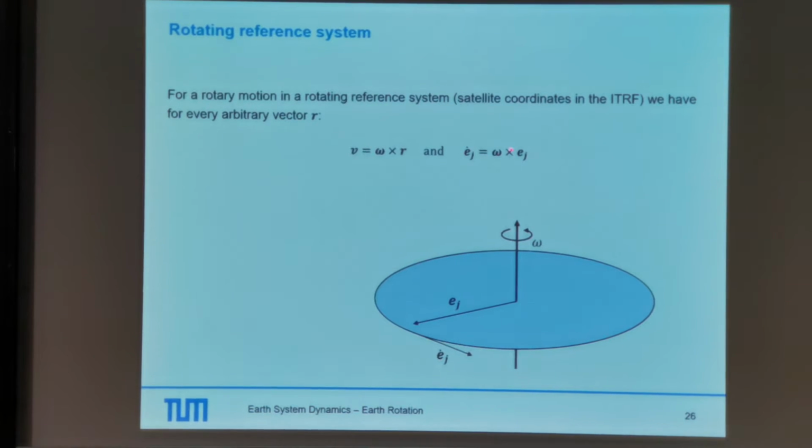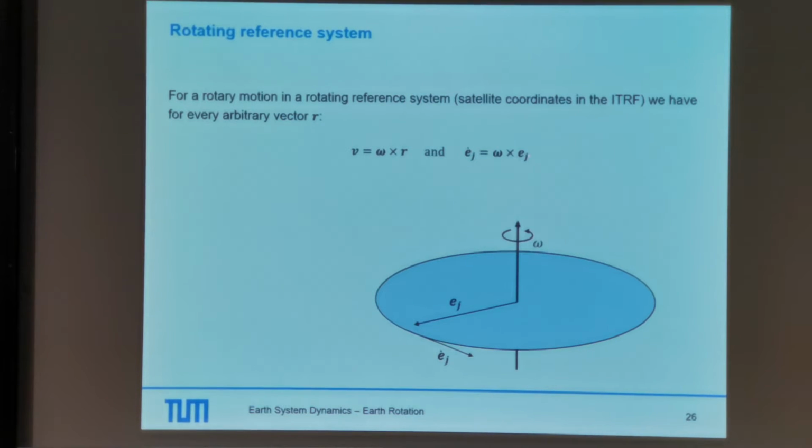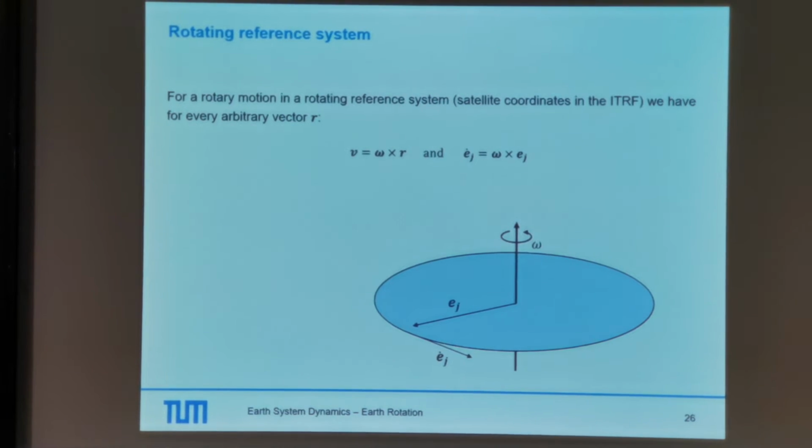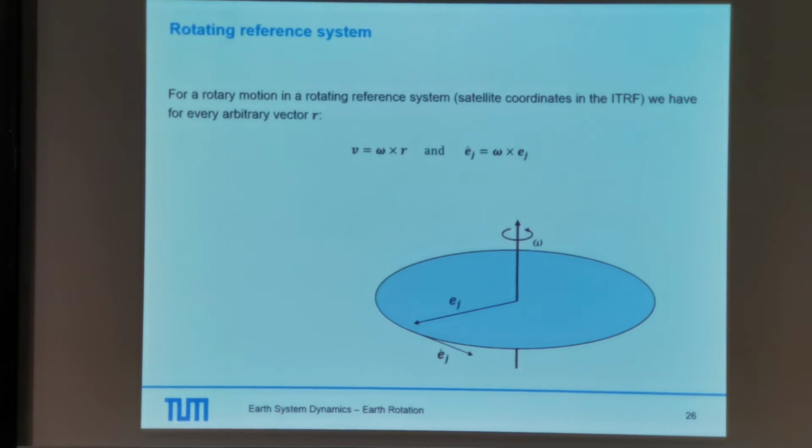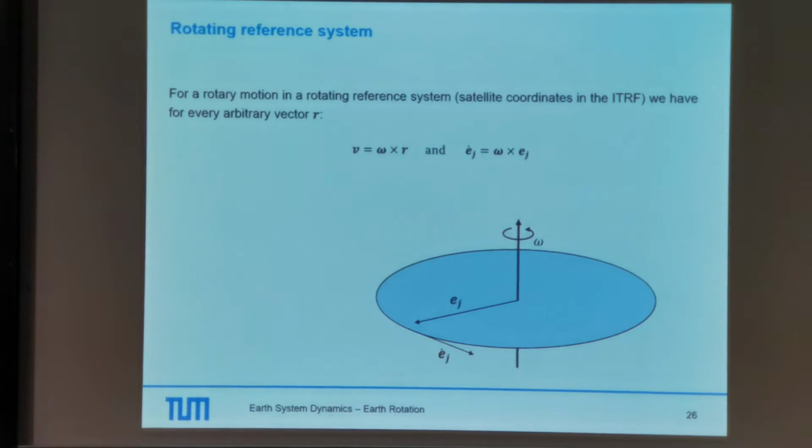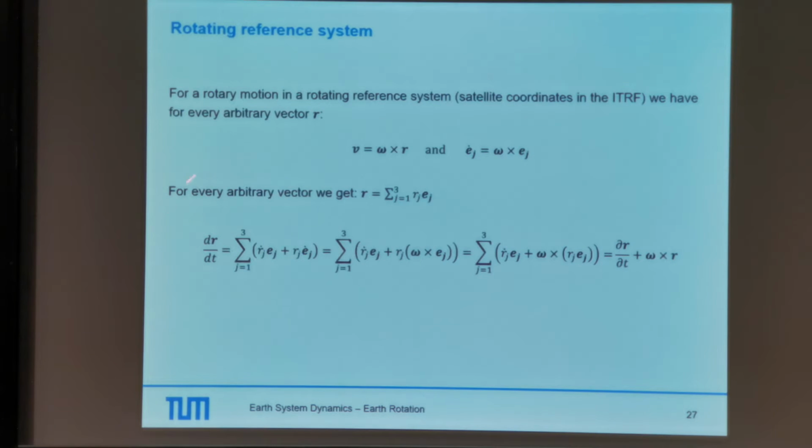So Ej dot is equal to the cross product of the angular velocity of the Earth cross the unity vectors of the coordinate system Ej, and j is equal to 1, 2, 3. And this means now for any arbitrary vector in the rotating reference system, we get this equation again, and our dr after dt is not constant over time anymore.